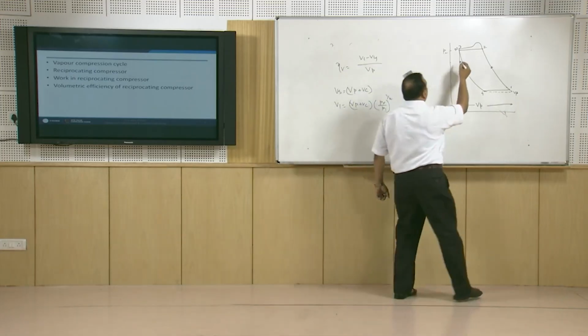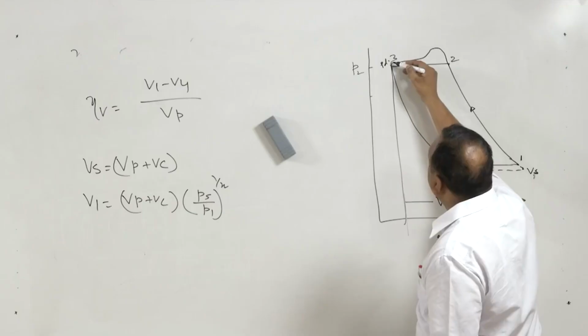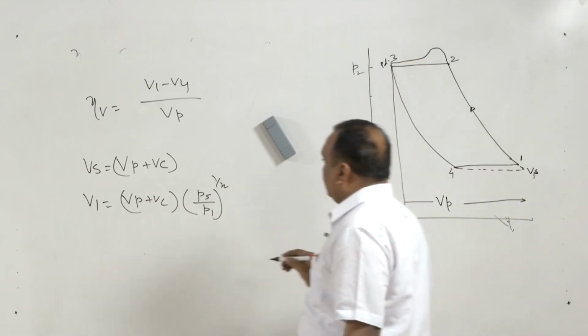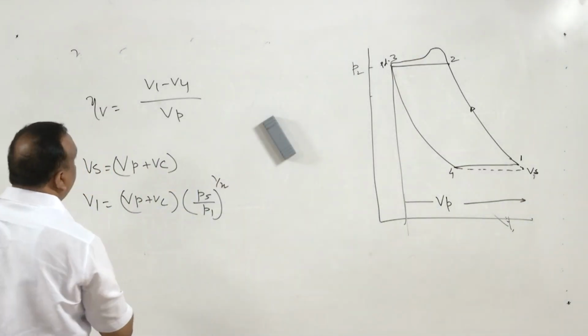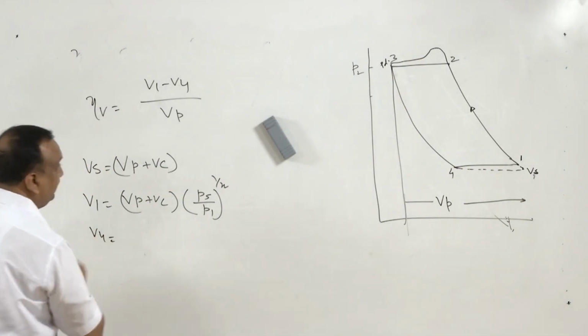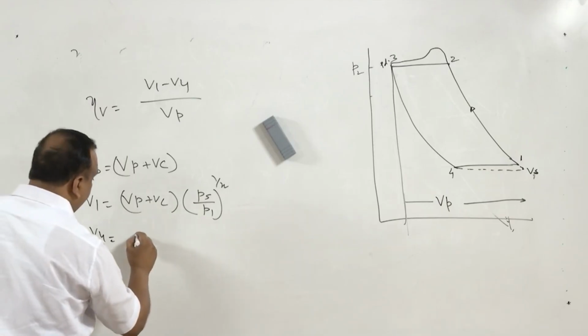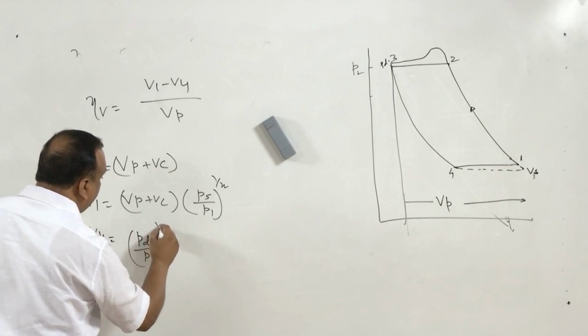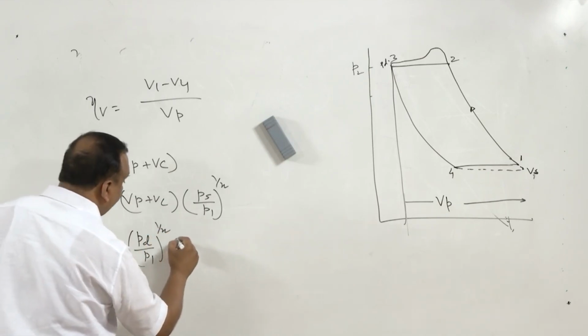Similarly for the expansion process, because expansion does not start from 3 but starts a little higher than 3, V4 is PD by P1 raised to power 1 by n multiplied by Vc.